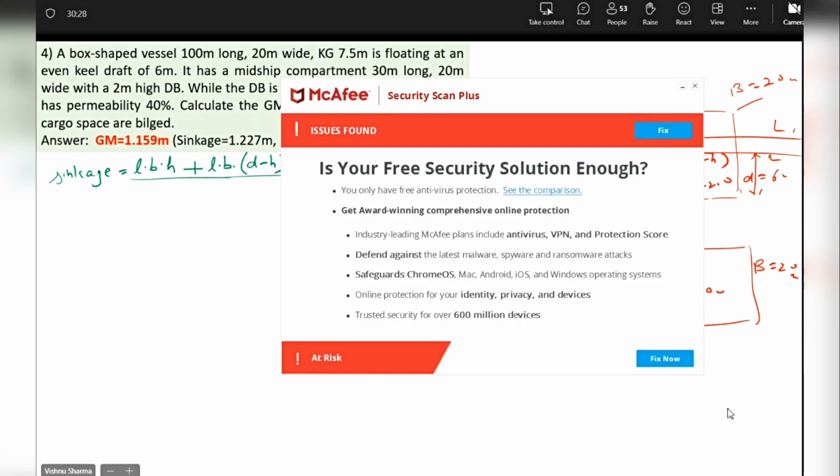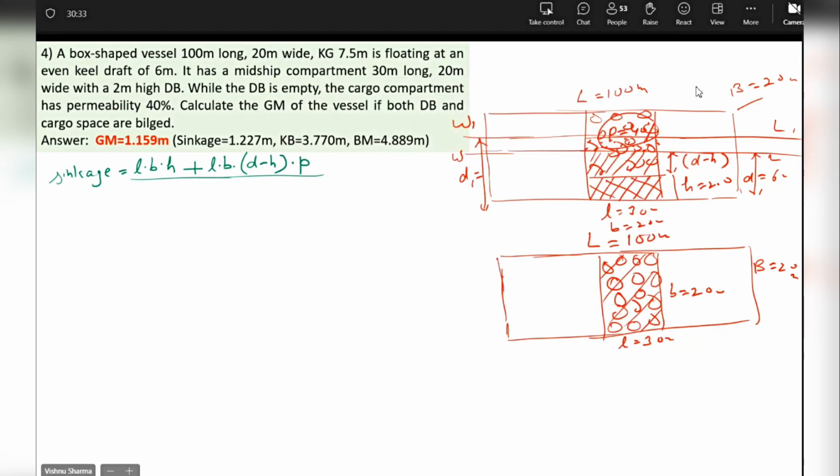This numerator has come from the profile side elevation. The denominator will come from the water plane area, the whole water plane LB minus lbp. When you put in these values, it will be 30 into 20 into 2 plus 30 into 20 into 4 into 0.4 permeability, divided by 100 into 20 minus 30 into 20 into 0.4.